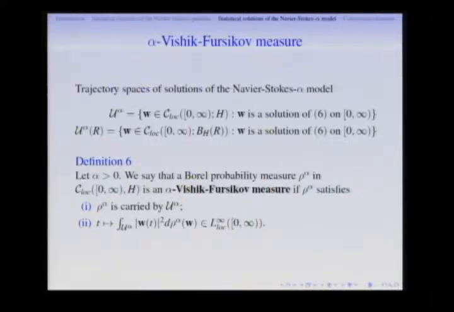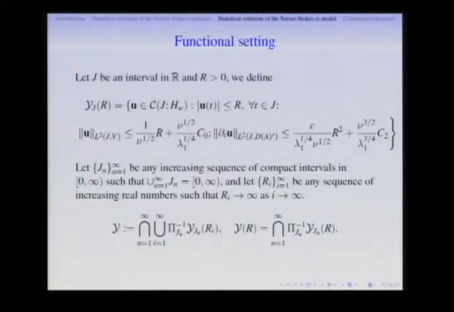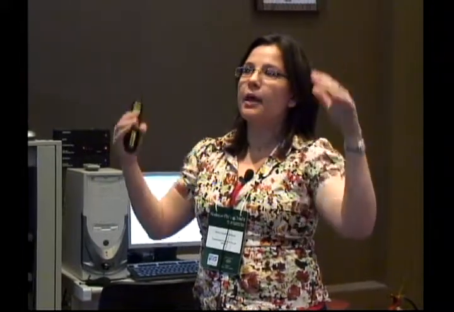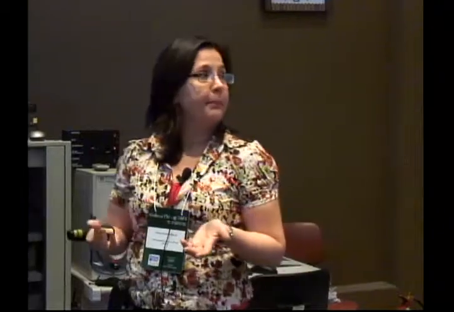as being a measure which satisfies these two conditions. The first one is to be carried by the trajectory space, and the second one is the boundedness of the mean energy. Okay, and now the functional setting. So now we have two trajectory spaces, and we need an ambient space which contains both of them.